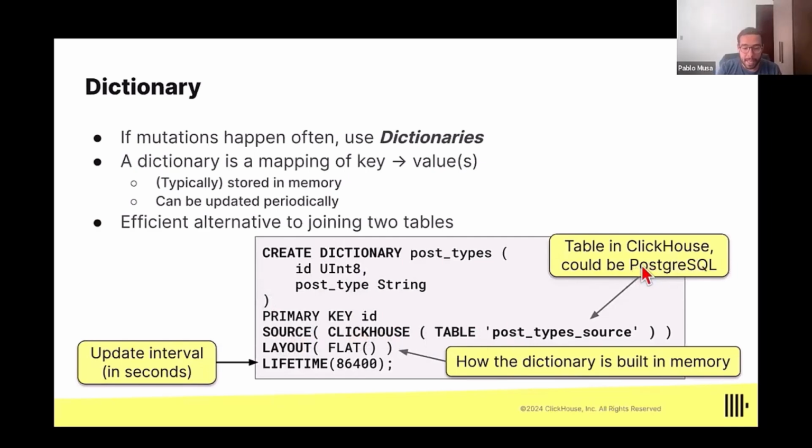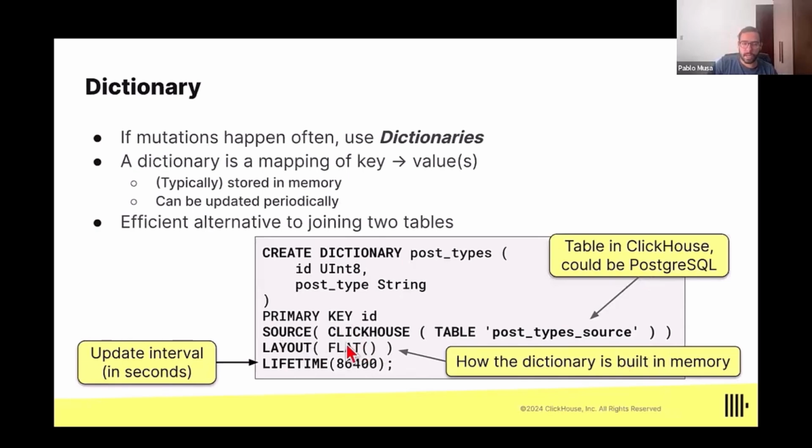So I could have my ClickHouse, instead of looking to a local table, actually go to Postgres and update this dictionary every 10 seconds, every 1 hour, every day, depending on your needs, okay? So you don't need to worry about synchronizing. You can actually have this over there. The layout is how we store this in memory.